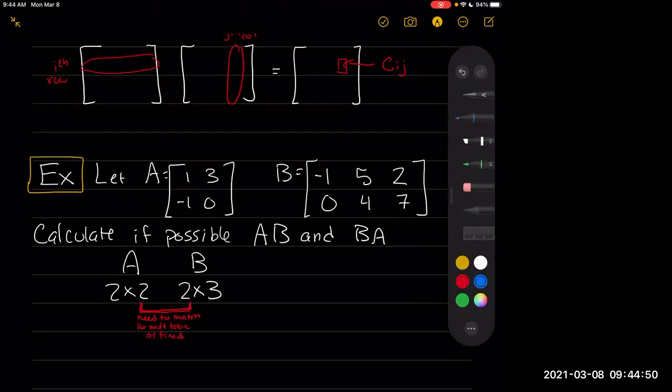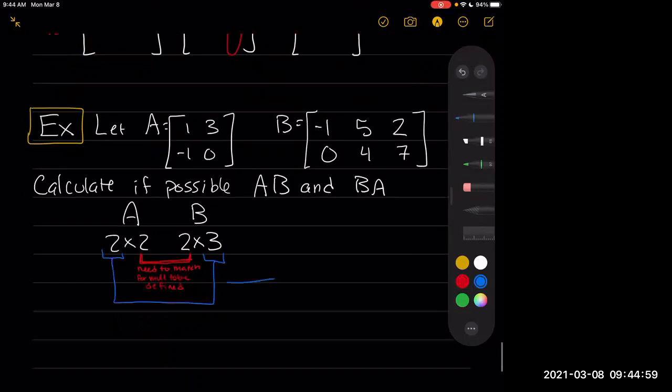But then what's important here on the outside terms, this 2 and the 3, that will be the dimension of the output. So A times B will give us a 2 by 3 matrix as its output.